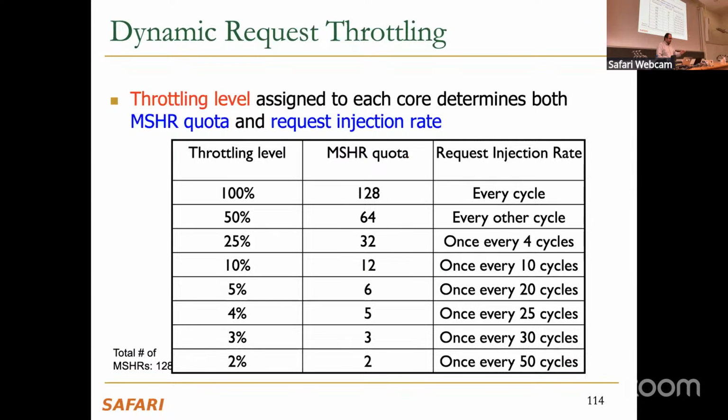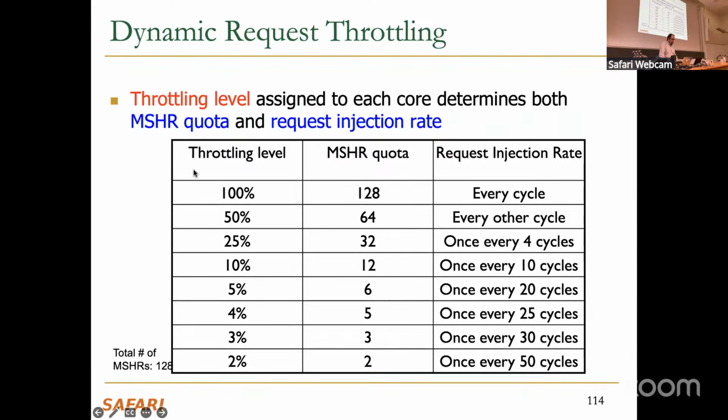So we define different throttling levels for this work. Basically, throttling level can be from 100% to like 2%, and for each of these throttling levels, we have different MSHR quota and also request injection rate. When we have throttling level 100%, it's a bit confusing, we are not throttling at all.